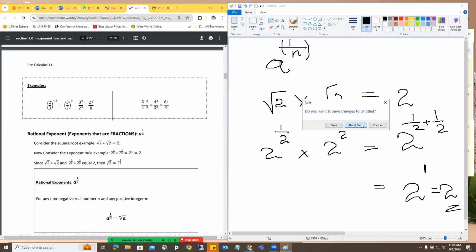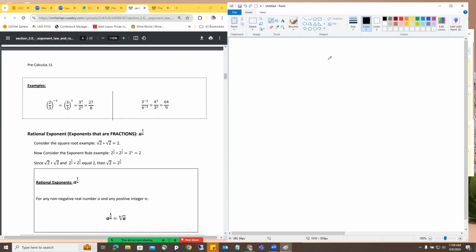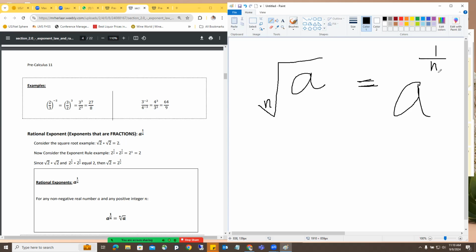Now for these kinds of situations, let's assume we have a notation like this. We can convert this into a power. How? The power would be a fraction, that is 1 over n. But normally we are not putting the 2 for the square root. Sometimes we mention it, but most of the time we are not.